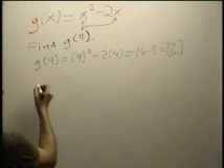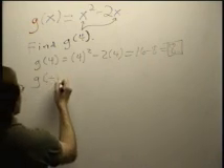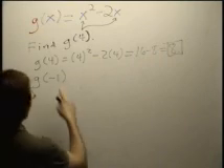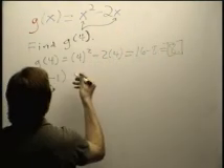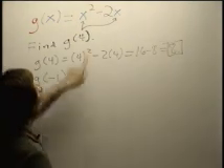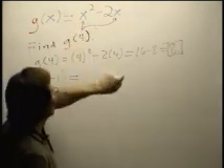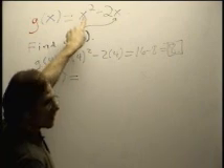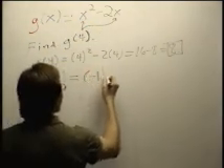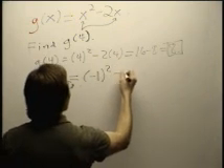One more example. Let's find g of negative 1. So again, we'll be substituting negative 1 everywhere we see an x. And you have to be careful, because when we read this, it says x squared, which means whatever x is, we're squaring that. So we're going to square negative 1.